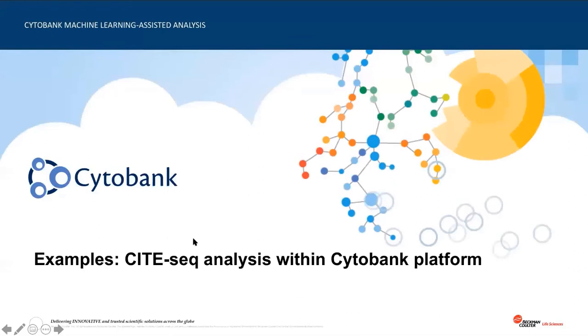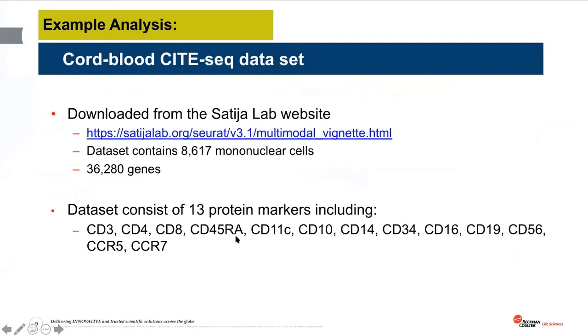All right, so next I will show you an example with real-world CITE-seq data and tell you how you can use Cytobank to analyze the public data set. The public data set that I will use in my talk today is a cord blood CITE-seq data set.